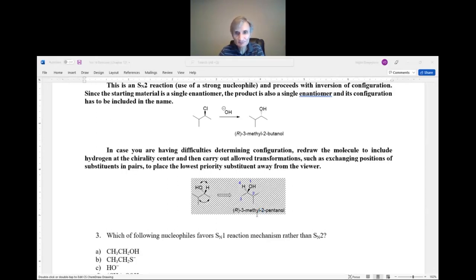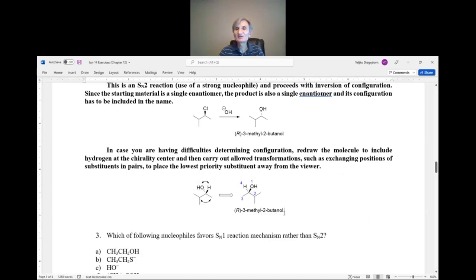So it's R-3-methyl-2-butanol. So for full credit, you have to include R/S. If you forget this R/S, at best you can get partial credit.